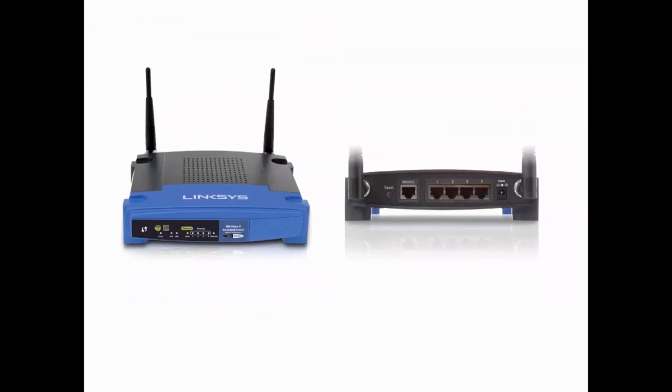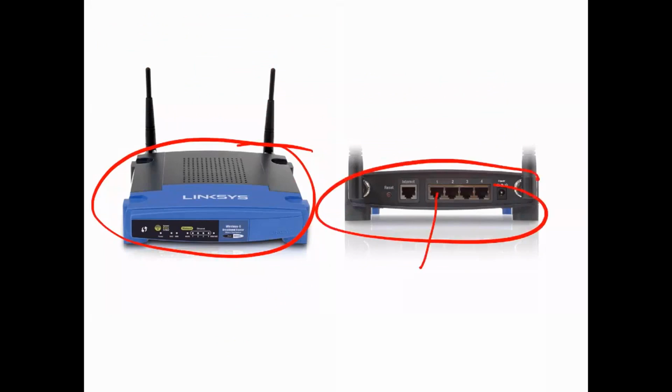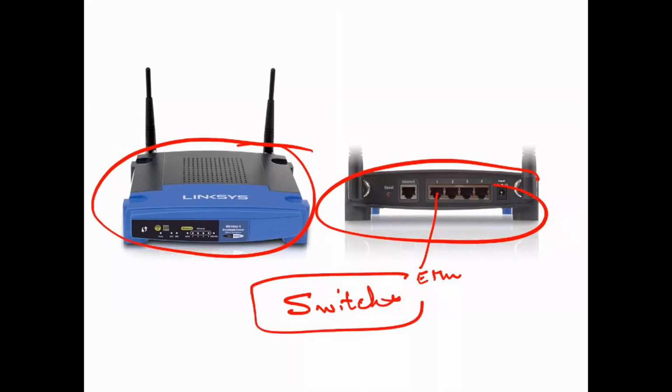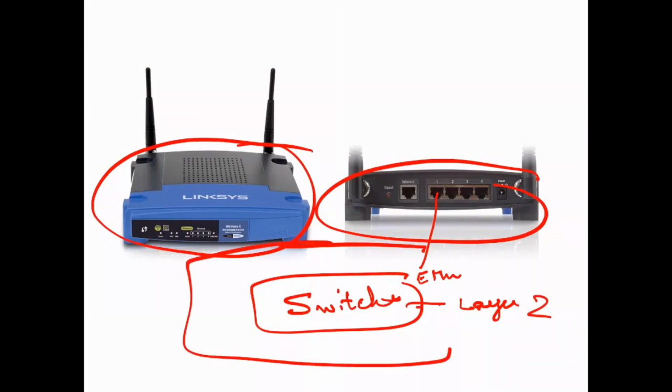If you see this kind of boxes, these are all Ethernet ports, layer 2 devices, right? And layer 2 devices, we call them switches. Now, if switches work on layer 2, and on top, this box also contains routing software, then we'll call it a router.